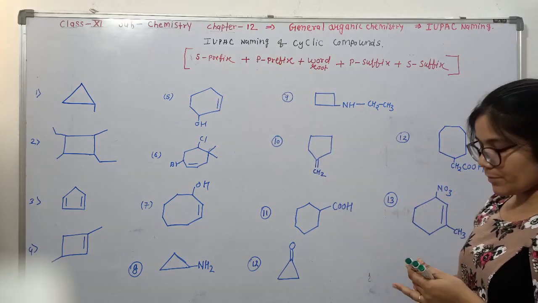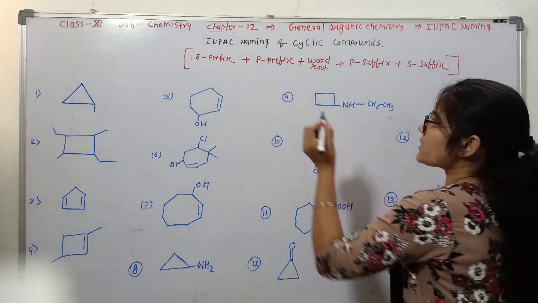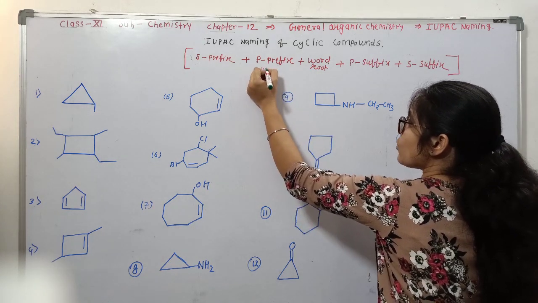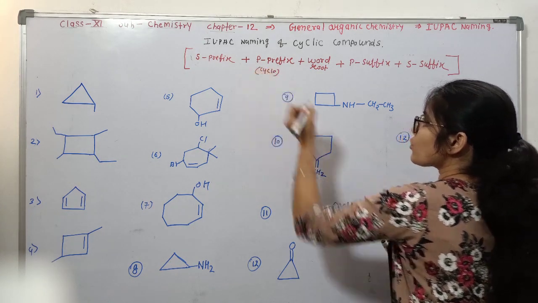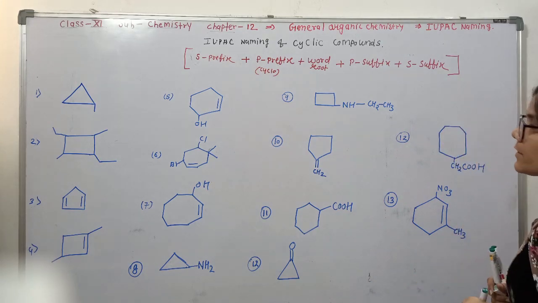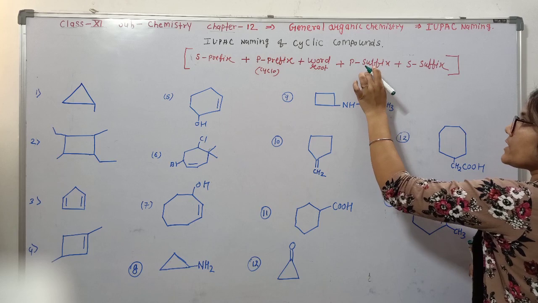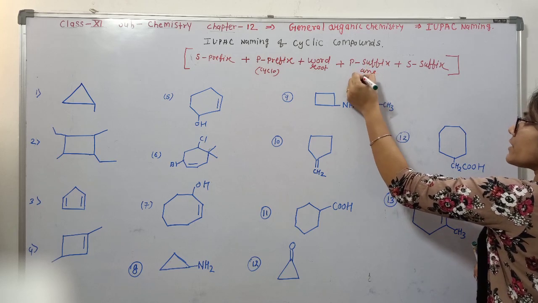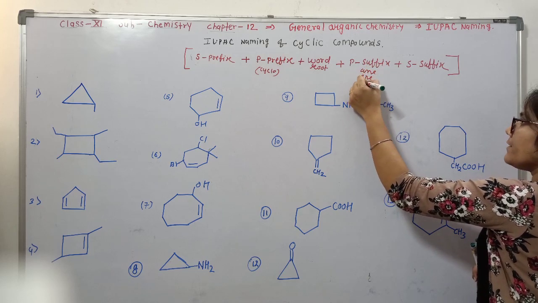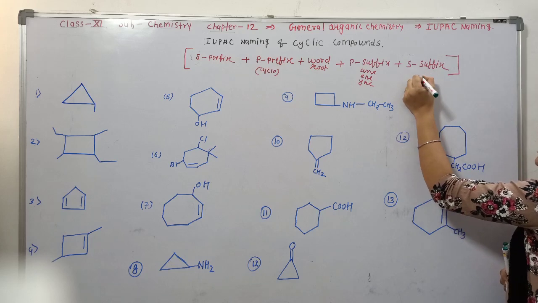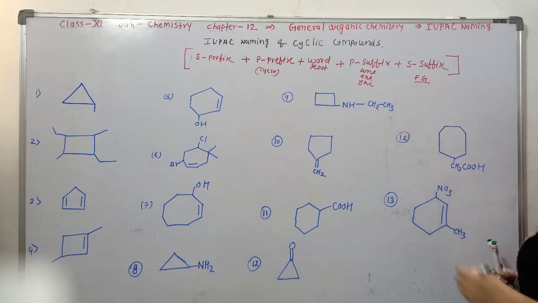Then the primary prefix, which here is cyclo. This is common for cyclic compounds. The word root is the number of carbons, the primary suffix is ane, ene or yne, and the secondary suffix is for the functional group. So this will be your format for cyclic compounds.